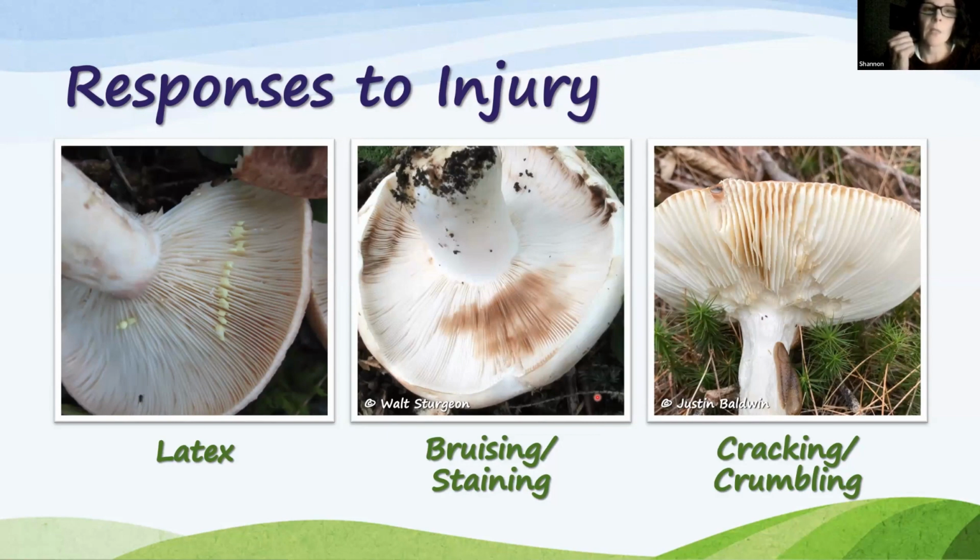Not only is it important to note whether or not the mushroom is releasing a milky substance, but the amount that's being released: is it scant, moderate, or copious? What color is it? Does it change color? If it changes color, how long does it take? And does that latex eventually end up staining the gills a different color?